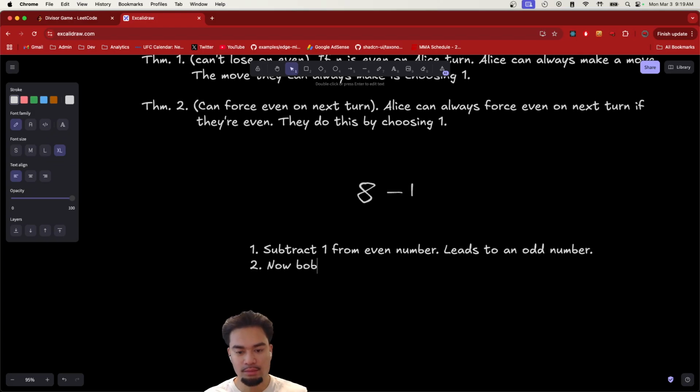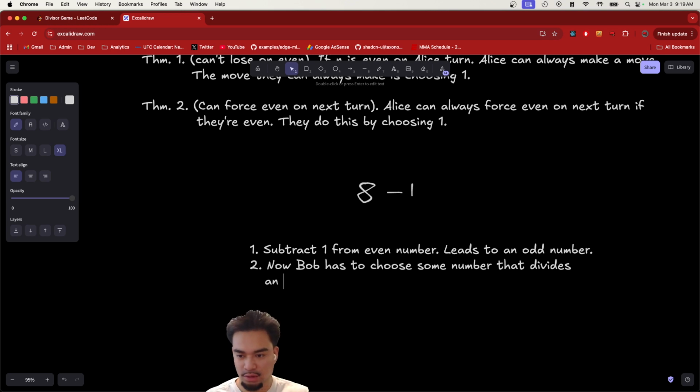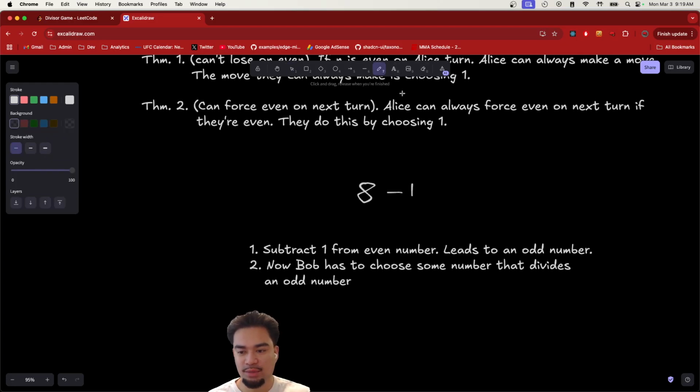Now Bob has to choose some number that divides an odd number. If I choose 1, which is an odd number, an even minus an odd number equals an odd number, and I can do more proofs on that as well. But since that number is odd now, Bob has to choose some number that divides an odd number.